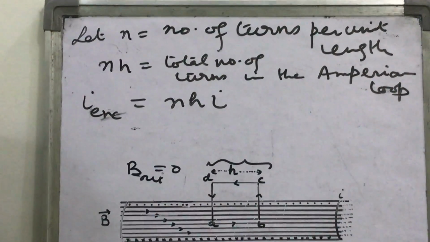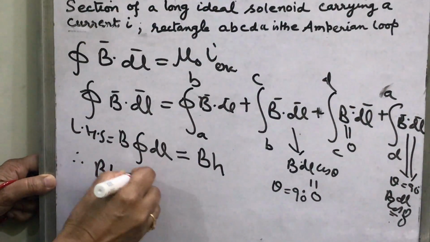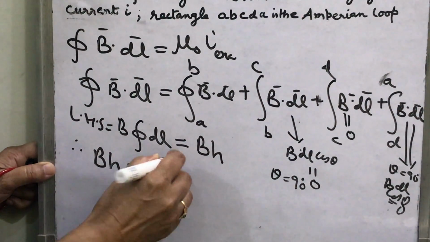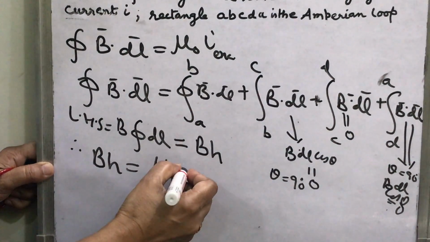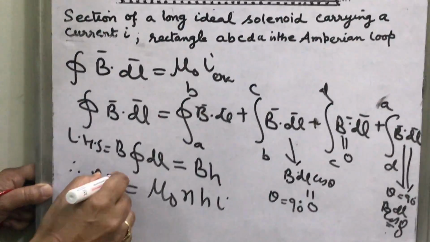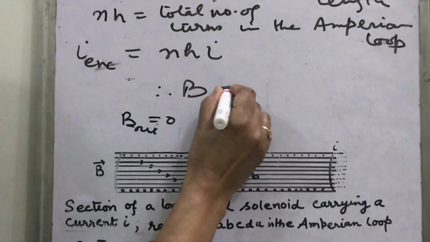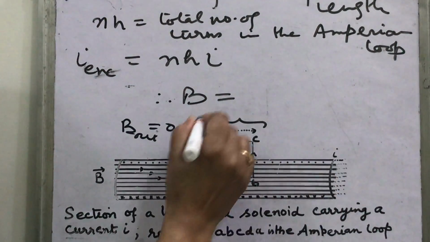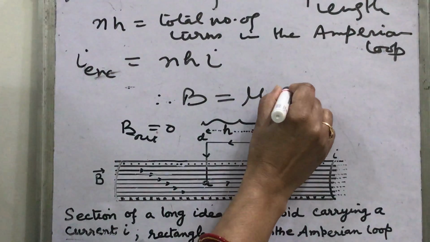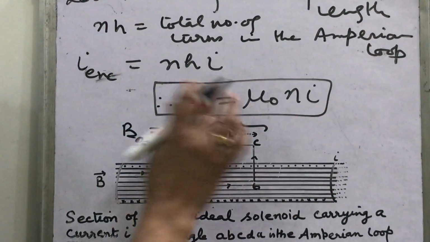So if we write here, therefore BH equals mu naught nhI. So what will we get? Therefore B for a solenoid inside will be mu naught nI, where n is the number of turns per unit length.